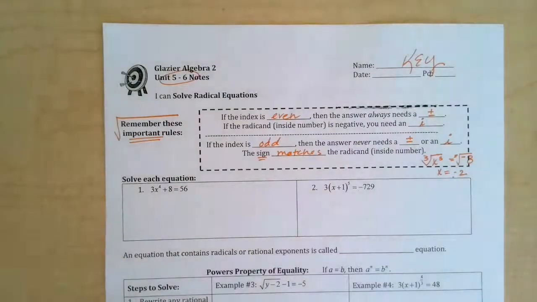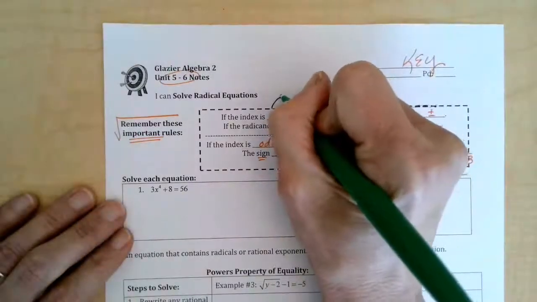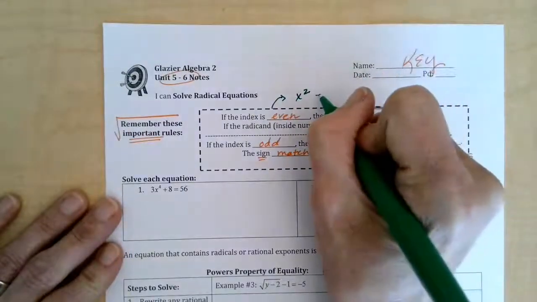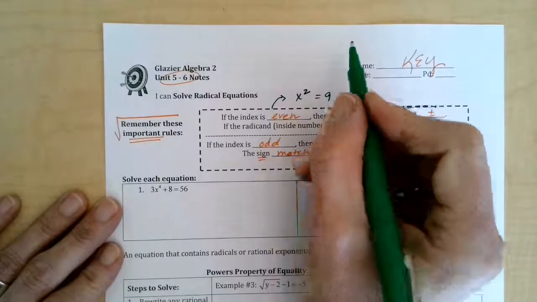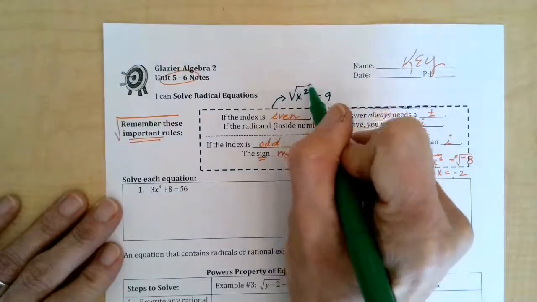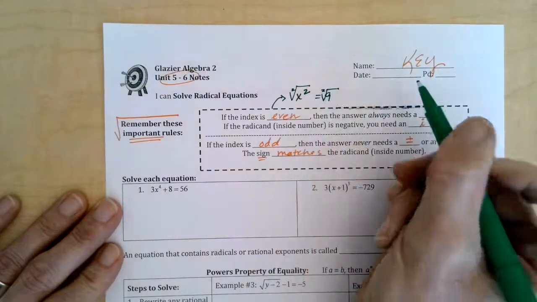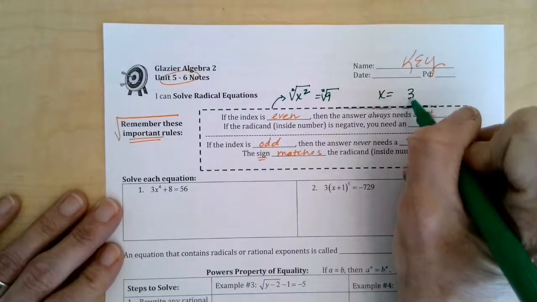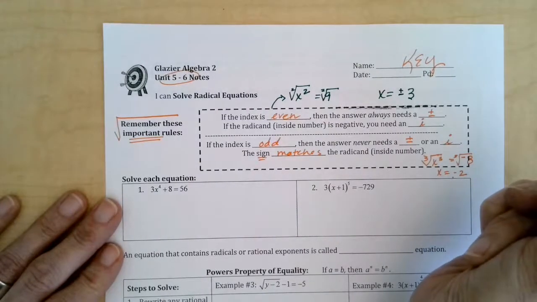So let's take a minute and talk about this when it's even. If I have a scenario where x squared is equal to 9, my job is to find all the values of x that make this true. By taking the square root of each side, I recognize that x could have a value of +3 but also -3, so I need that plus minus.